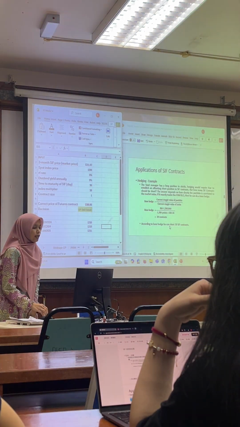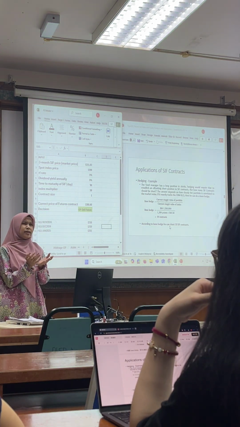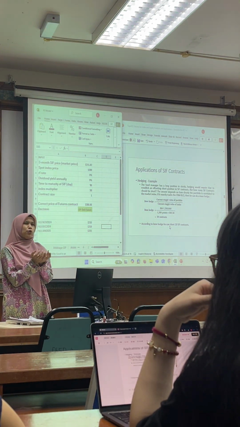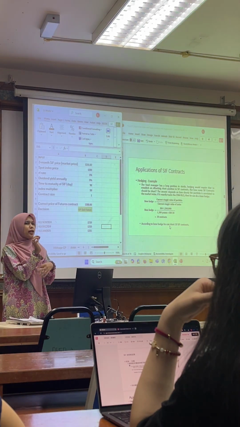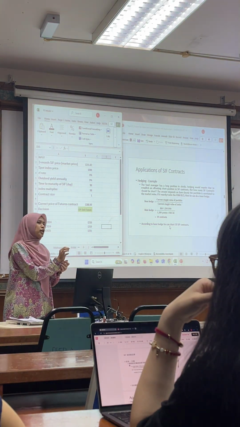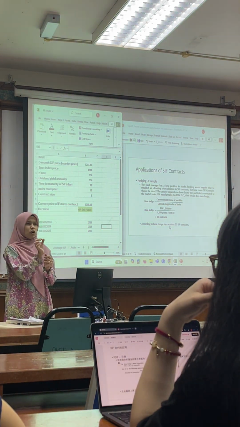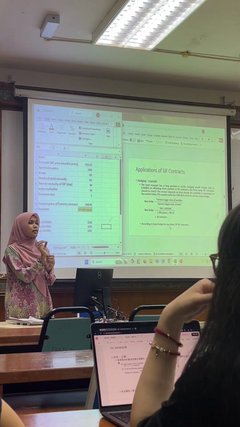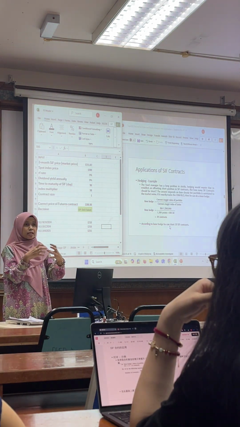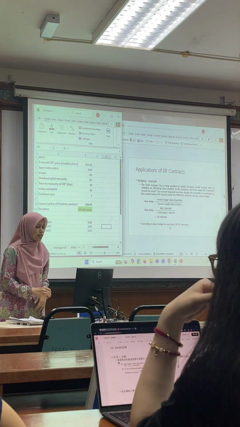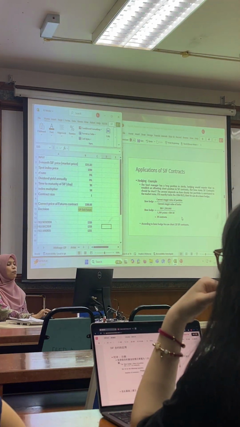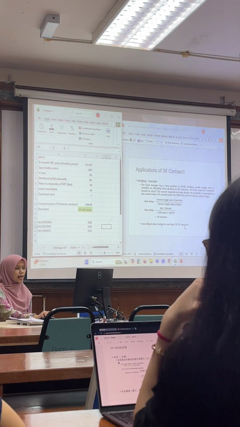For example, if you have a 1.2 million portfolio, you cannot go to the stock index future and trade only one contract. One contract here is very small. It doesn't match. So it's your task to calculate how much the contract size is.